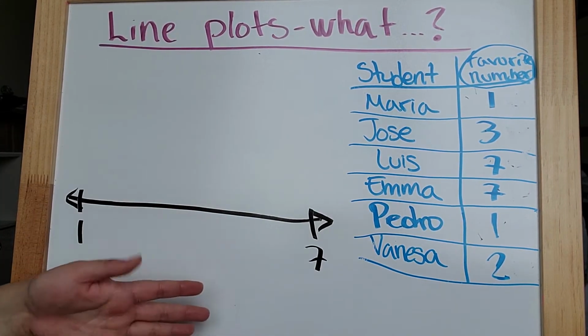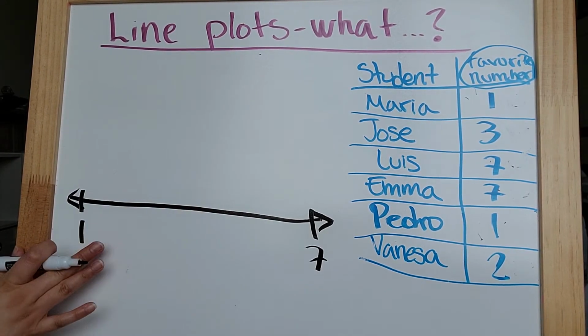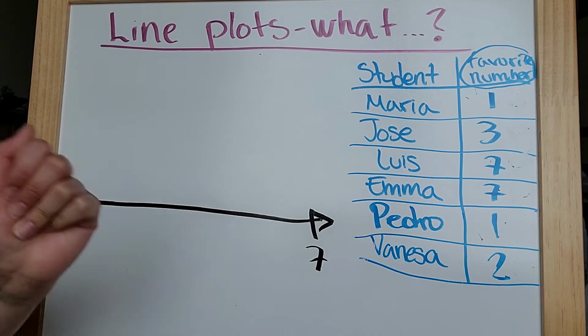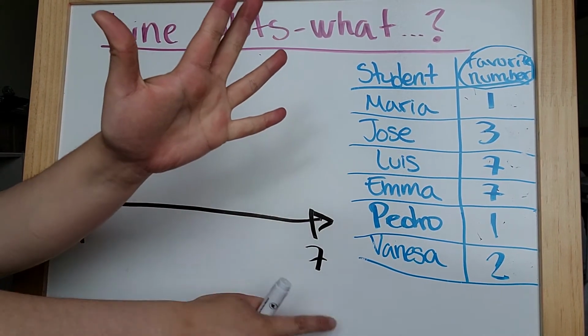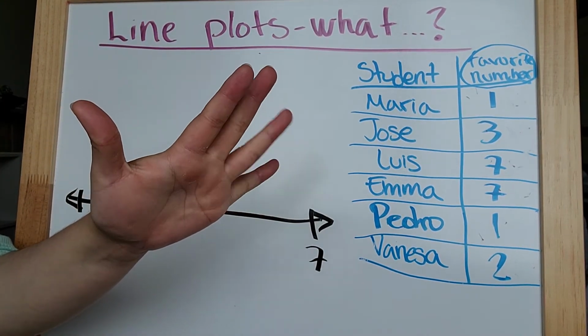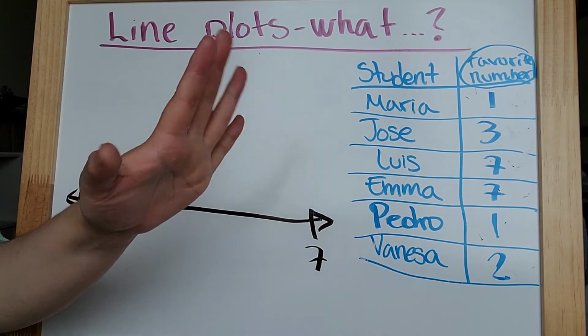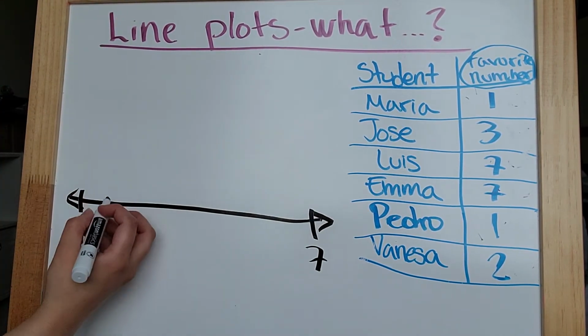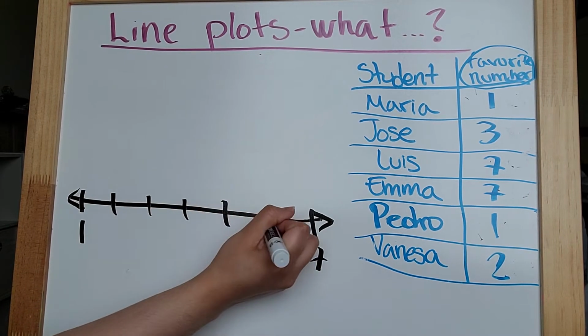And you're going to literally count. So I'm not going to count 1 or 7 because I have already plotted them. So I'm going to say 2, 3, 4, 5, 6. So that is 5 numbers. Okay, so I need 5 markers. And 1, 2, 3, 4, 5.